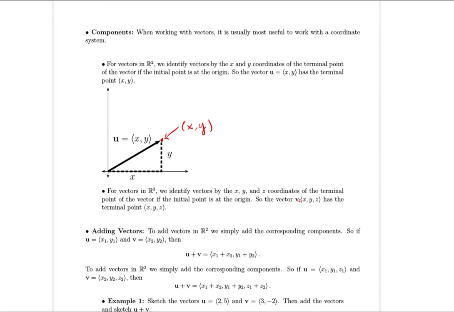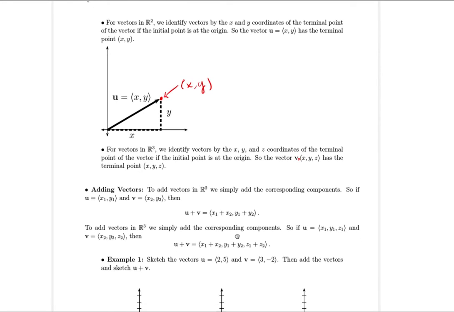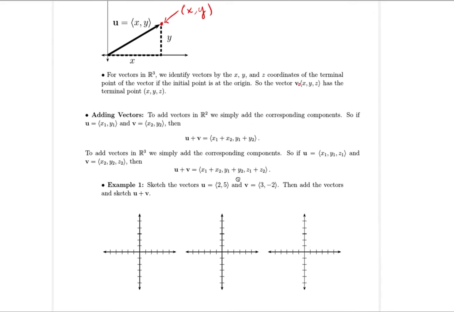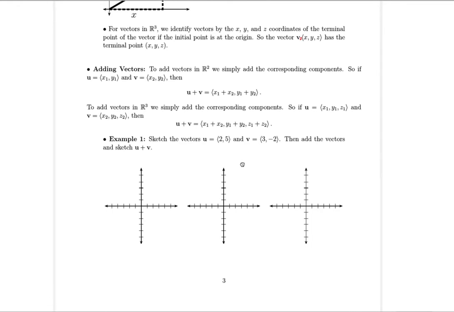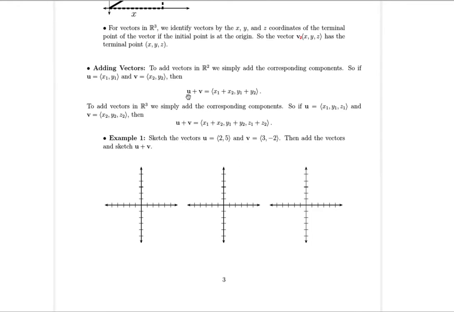All right, so let's talk about actually adding vectors algebraically. I've expressed the way to do that in both 2 dimensions and 3 dimensions, but all you're going to do is just add the components together. What it wants us to do is sketch u, sketch v, then sketch u plus v.